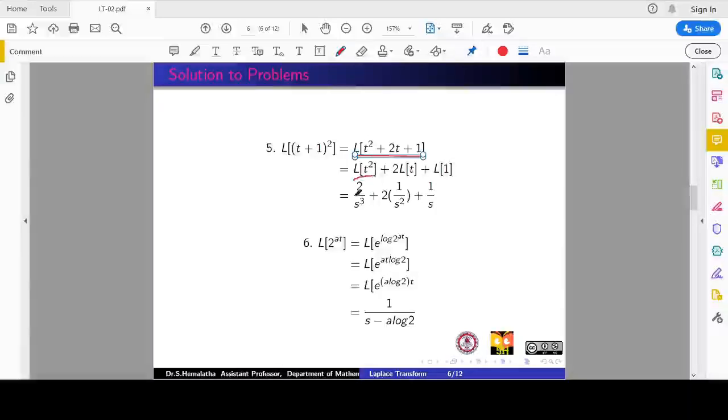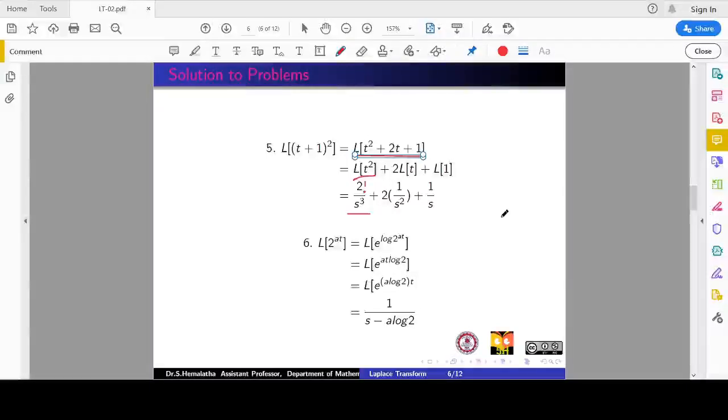You observe this formula: L of t power n is n factorial by s power n plus 1. Here n is 2, so I write 2 factorial by s cube, so I simply write 2 by s cube. Here n is 1, so I am writing 1 factorial, or 1, and the denominator is s square.